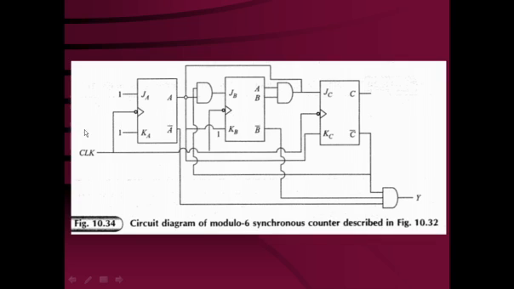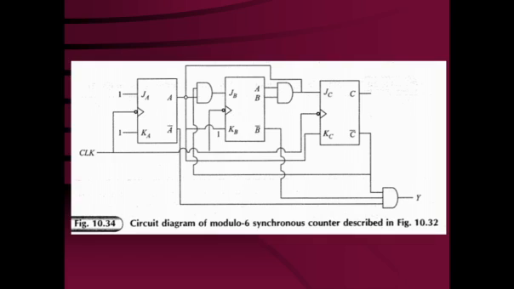You can see that the clock pulse is given to this flip-flop, also to this flip-flop, as well as this flip-flop. That means all three flip-flops are changing state in synchronism with the clock pulse. Now we have initially seen that flip-flop A was toggling every clock pulse, and hence the requirement for this one is J equal to K equal to 1.